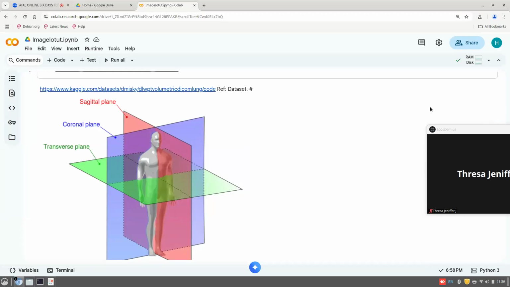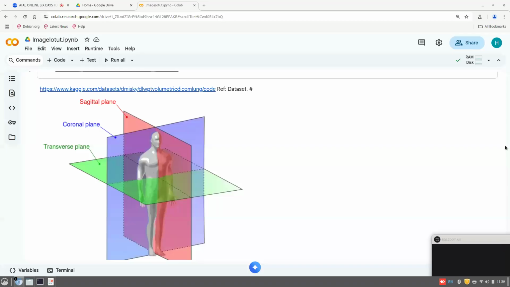In short, think of it like taking a piece of bread and cutting it into smaller pieces, maybe 10 or 15 pieces. One side of the bread that you see is the transverse plane, which is what you have seen in the previous image.